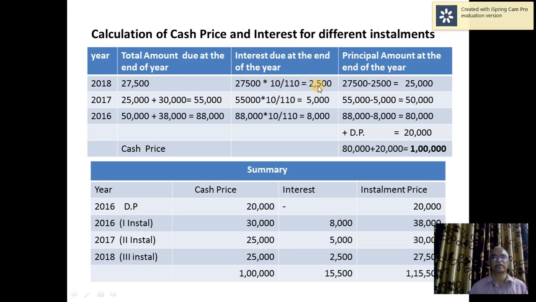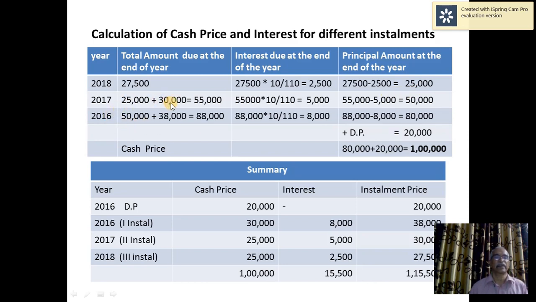You get 2,500. So from 27,500, if you deduct 2,500 interest, you will get the balance value, that is the principal amount, for the last year 2018, so 25,000.